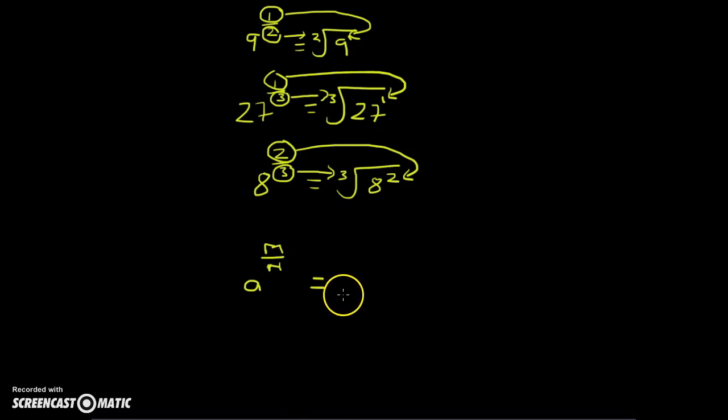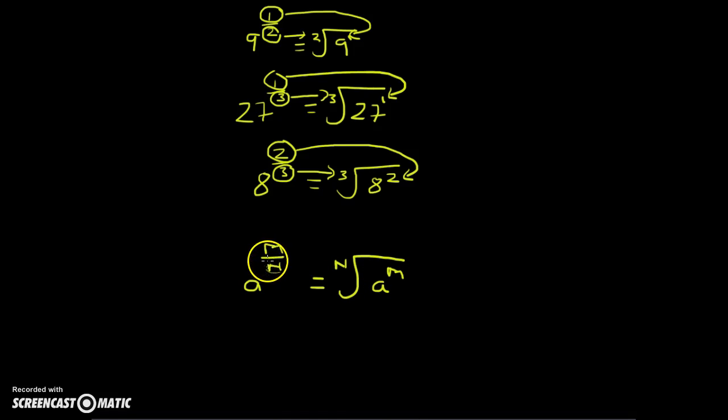So for instance here, the number on the denominator, in this case n, is the root, and the number on the numerator is the power. So a to the power of m divided by n is the same as the nth root of a to the power of m.